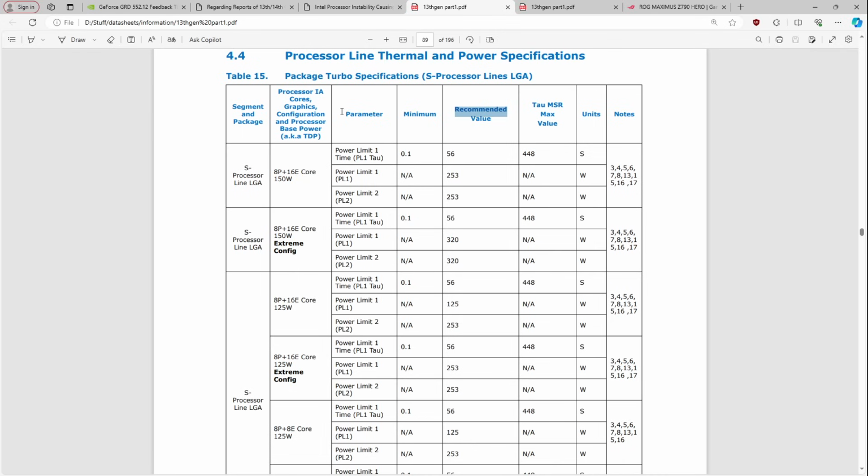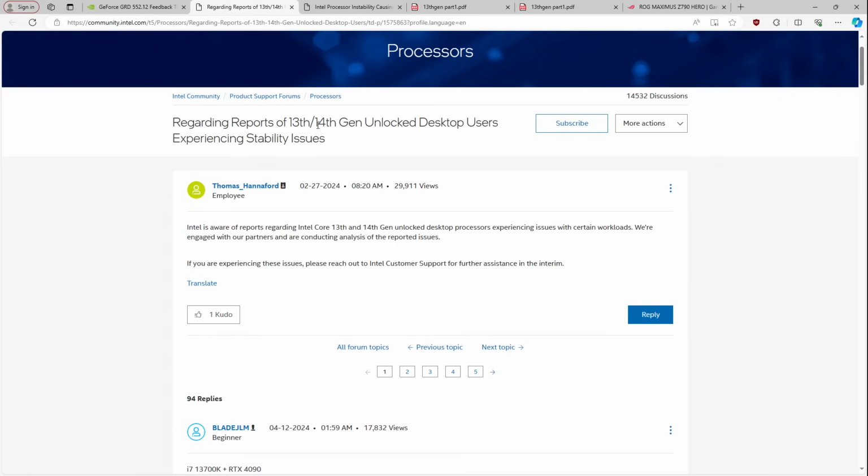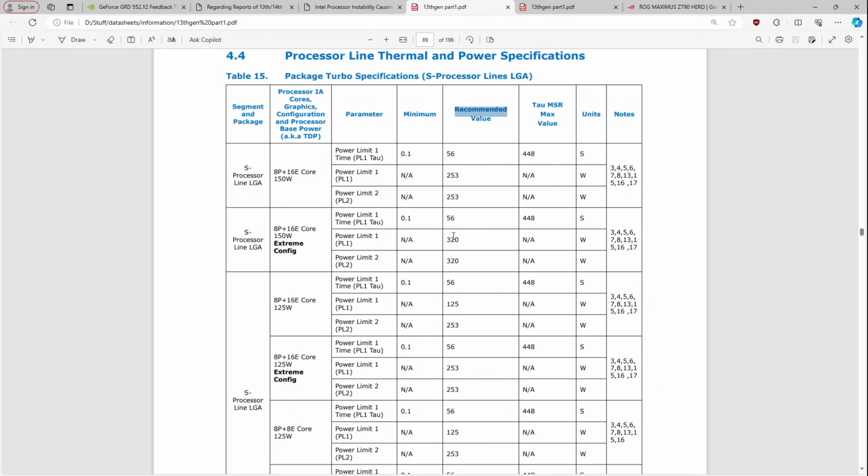If people have 14th and 13th gen CPUs degrading in a matter of months, that means Intel has absolutely no freaking idea what the silicon can take. Because the TJ Max of the CPU, that 100 degrees Celsius maximum operating temperature, the whole point of that is that at that temperature the CPU doesn't degrade. That's the point.